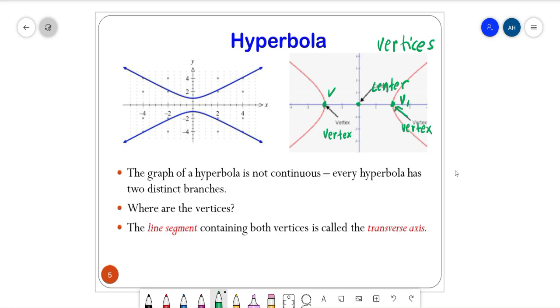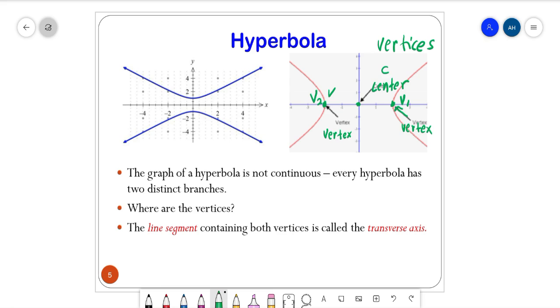On the left hand side, we call it V2, vertex number 2. Halfway from vertex 1 to vertex 2, the midpoint between V1 and V2, there is a point there. We call it the center, and usually we represent the center by the symbol C, to represent the coordinates of the center.